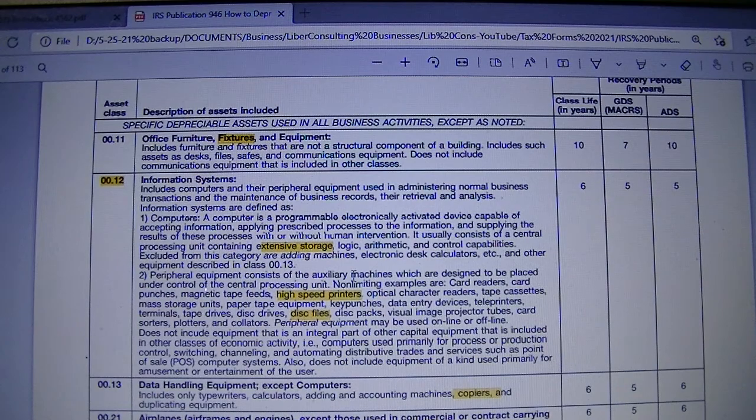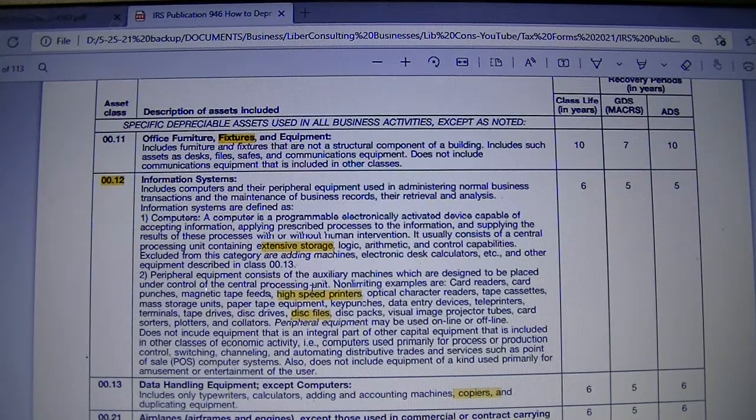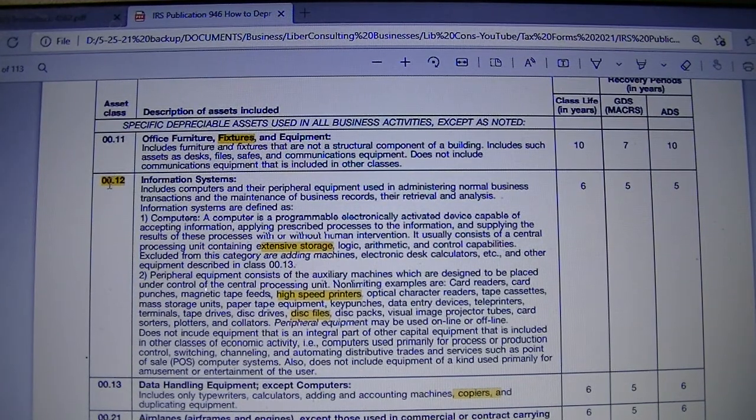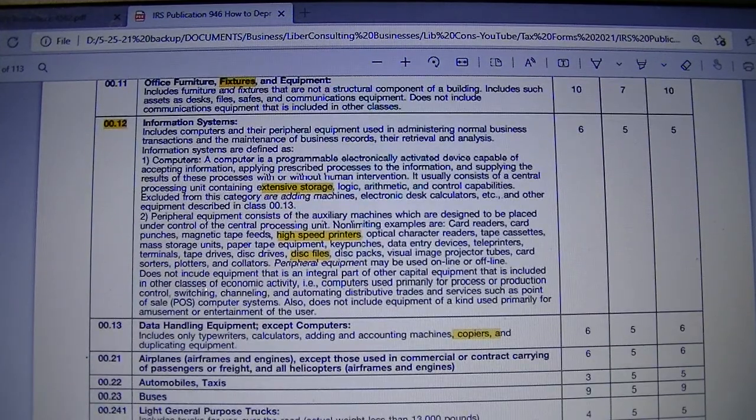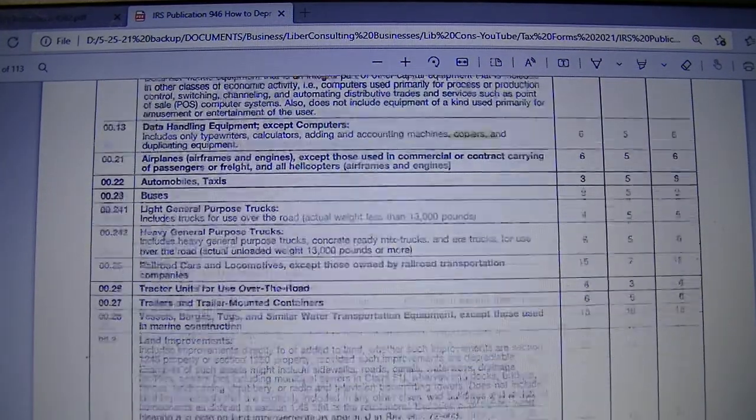The way this Appendix B works is you will first look for your asset in table B1. In the printer example, we find printer under asset class 00.12. So now we'll go to table B2 to look for the business that is using the printer.